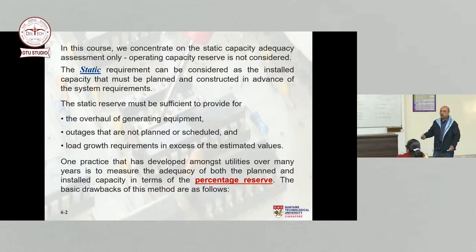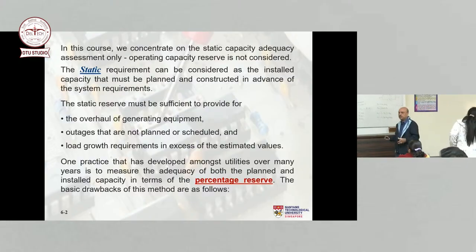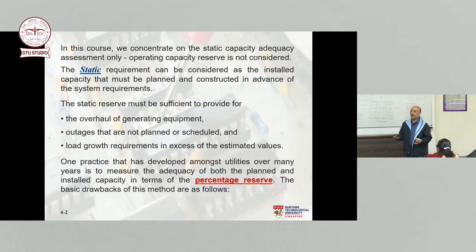When you are planning for the long term, you must make sure that you have considered the overhaul of generating equipment, the lifetime of generators, the maintenance of generators, and the outages that are not planned, meaning the outages which will take place at random. So how do you plan for that? You need to have some data which tells you how often the generators are expected to fail, right?